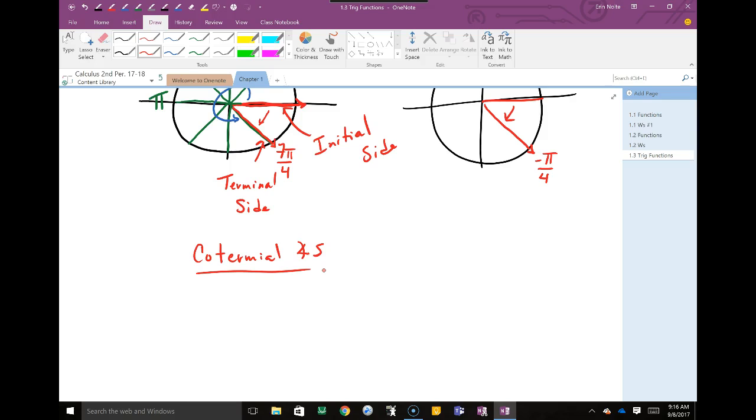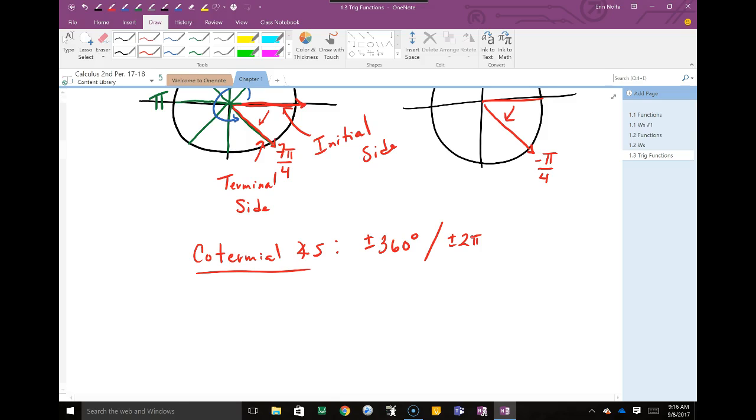So how could I go from 7 pi over 4 and get to negative pi over 4? How can I find coterminal angles? You add 2 pi, 1 full revolution. So to find coterminal angles, we simply add or subtract 360 degrees or 2 pi, depending on what we're working in. Are we working in degrees or radians?